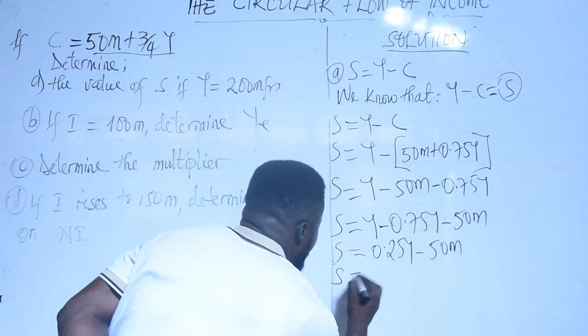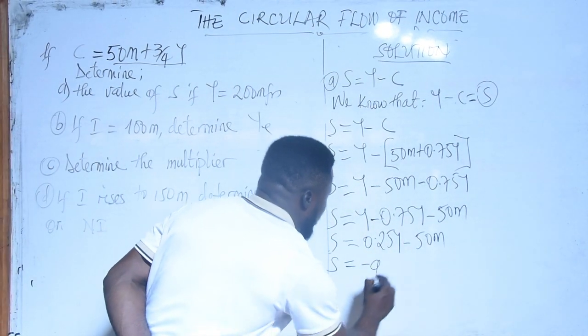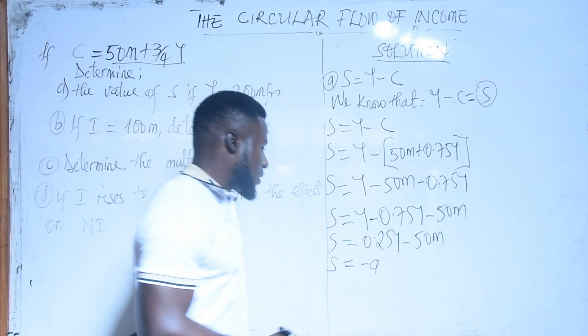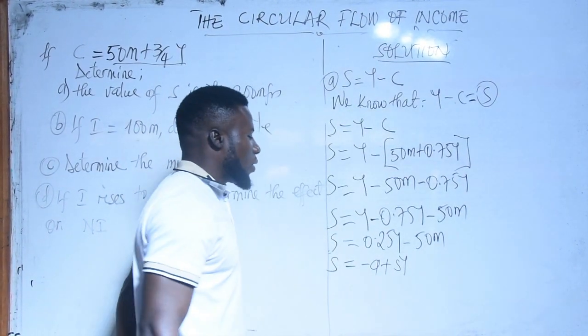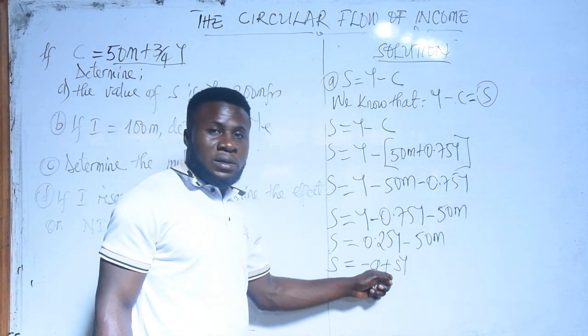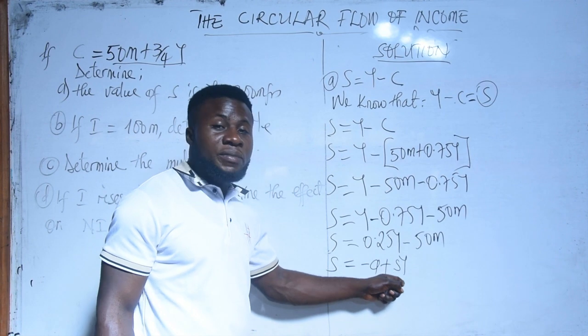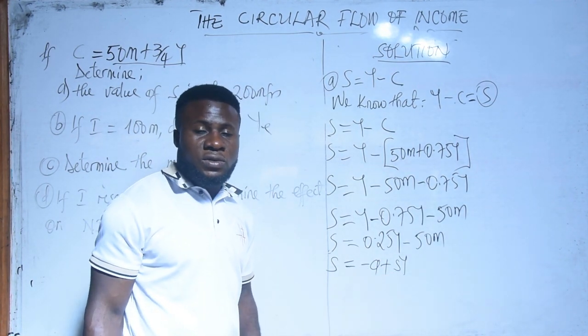The supply function is always given as negative autonomous savings plus the marginal propensity to save times y, or negative savings plus income induced savings. SY here stands for income induced savings.